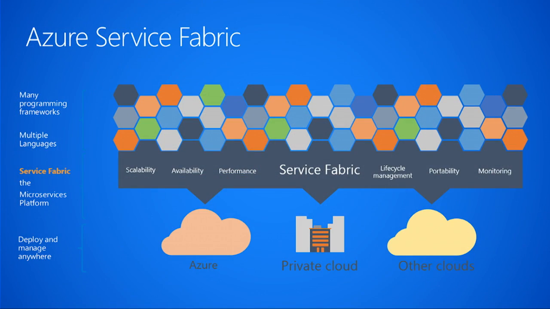So let me quickly give you an overview of the platform. Microsoft Azure Service Fabric has been a key ingredient which took tier 1 applications like SQL Azure, SQL Server, and Lync, and transformed them into cloud native applications.